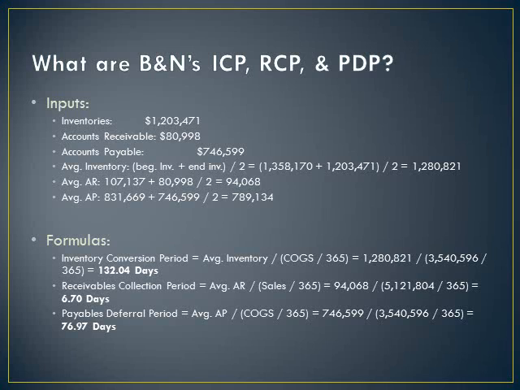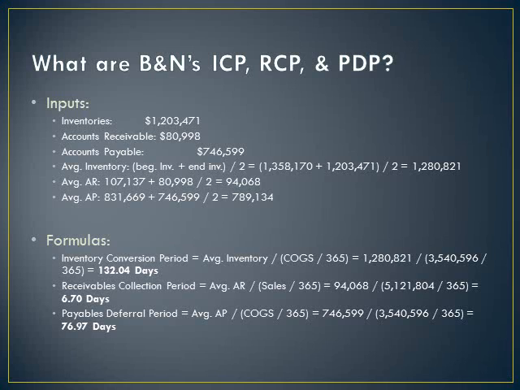What are Barnes & Noble's inventory conversion period, receivables collection period, and payables deferral period? In order to calculate this, we will need figures from their financial statements, including inventories, accounts receivable, and accounts payable. On the slide, you can see we take the average of each of these fields by taking the beginning and the ending and dividing them by 2.